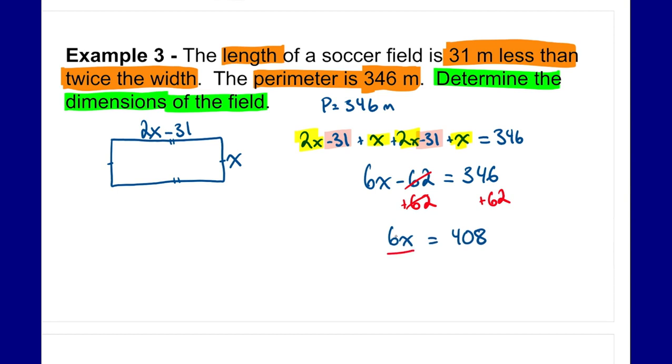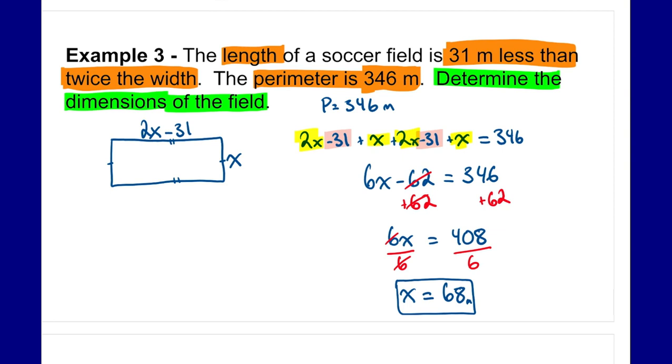I want to cancel out the 6x, or the 6, not the x, I want the x. I'm going to cancel out the 6 by dividing by 6. Do that to both sides. One side, the 6's cancel out. I'm left with x is equal to 408 divided by 6, which is 68. So that tells me that x is equal to 68 meters.